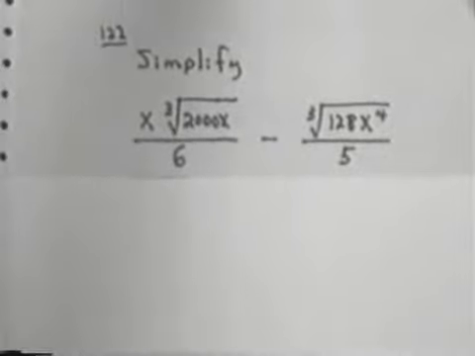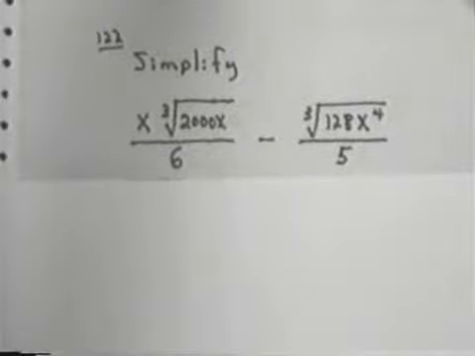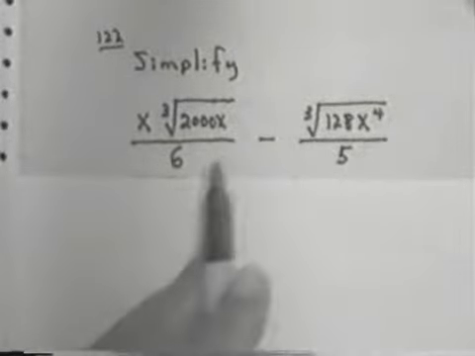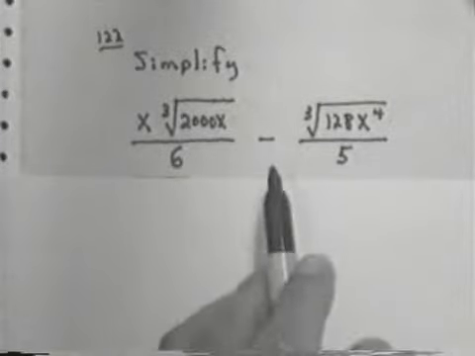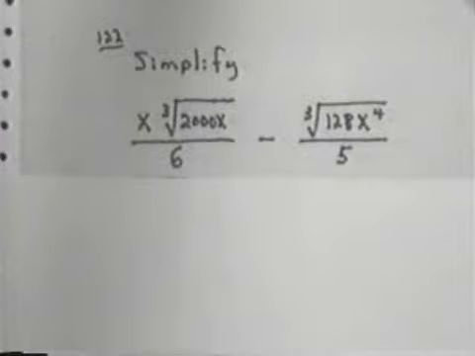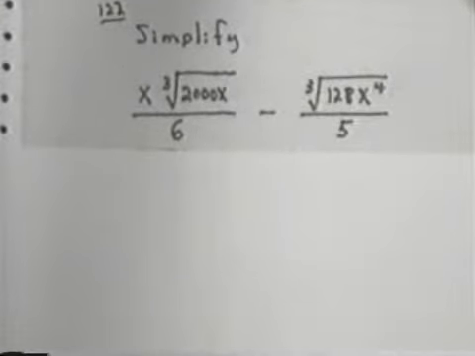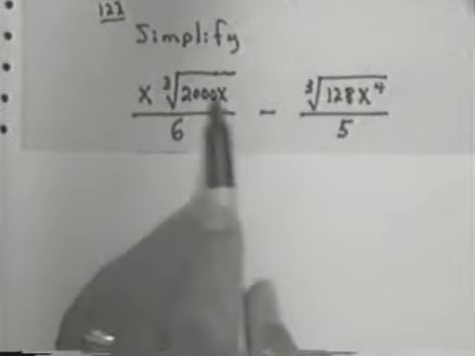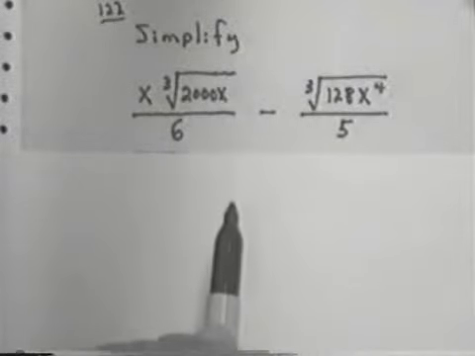I'm going to give you one more before I give you some exercises. Let's simplify x times the cube root of 2000x divided by 6 minus the cube root of 128x to the 4th divided by 5. The first step will be to simplify both of these radicals.